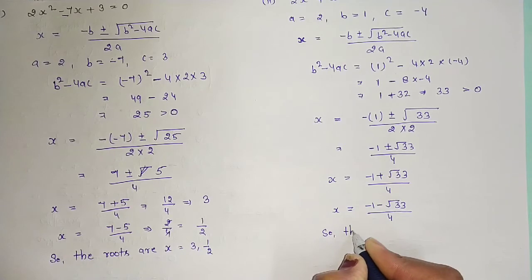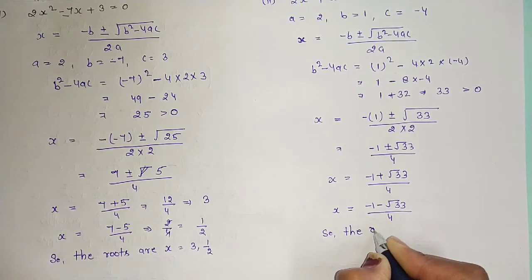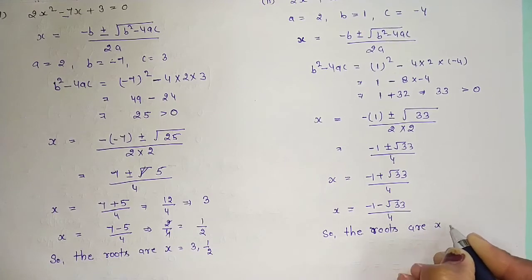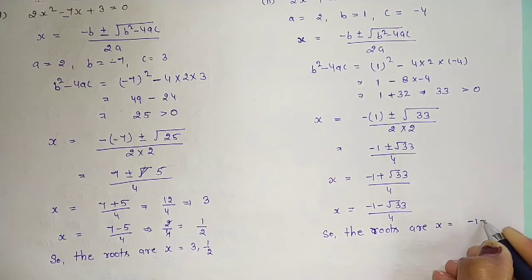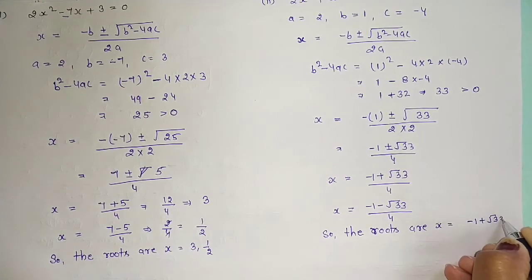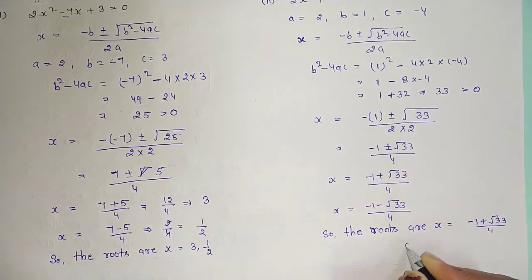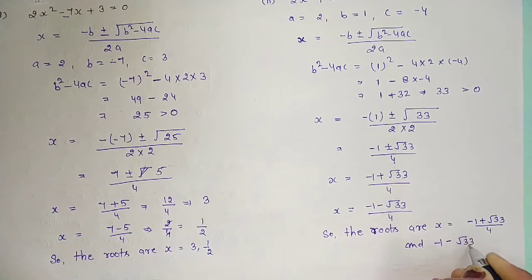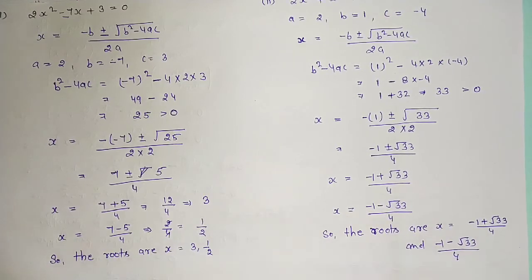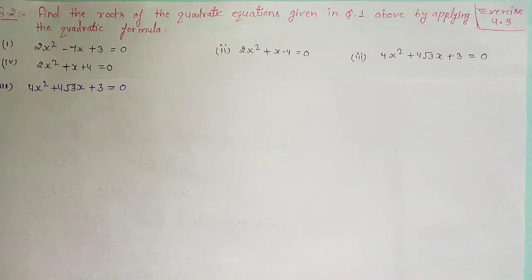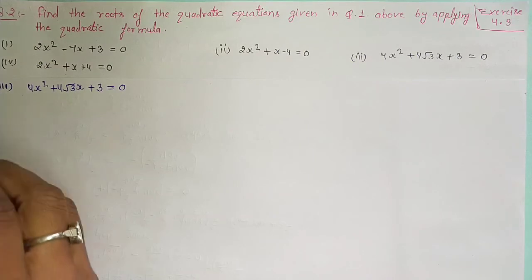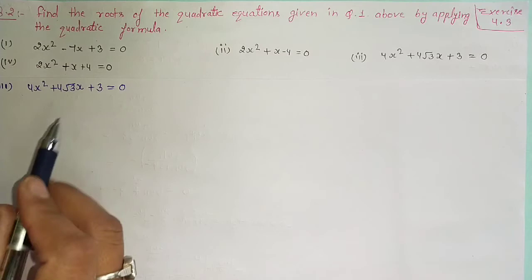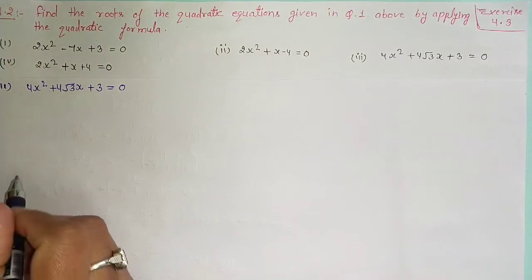So the roots are x equal to minus 1 plus root 33 upon 4 and minus 1 minus root 33 upon 4. Third part is 4x square plus 4 root 3x plus 3 equal to 0.